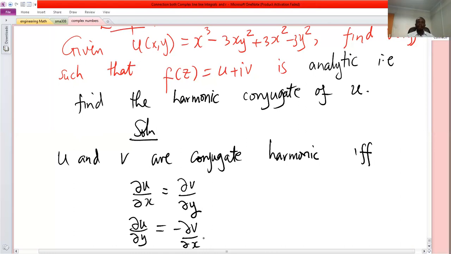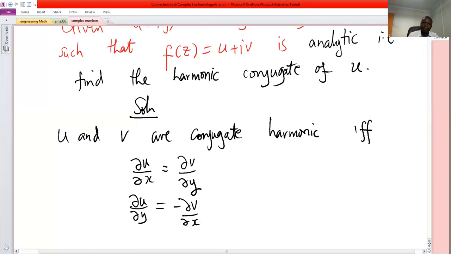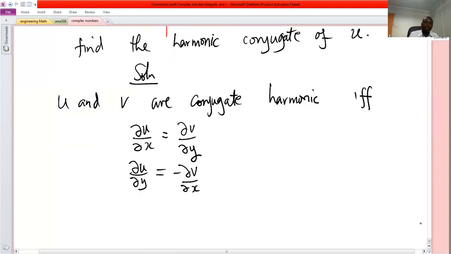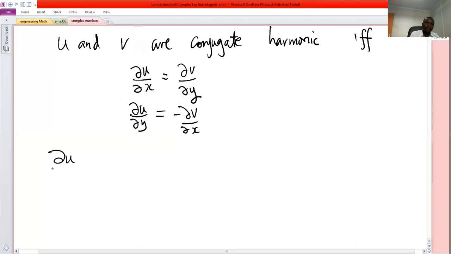So then let's get partial u partial x. From the function, partial u partial x, you should get the answer to be 3x squared minus 3y squared plus 6x.